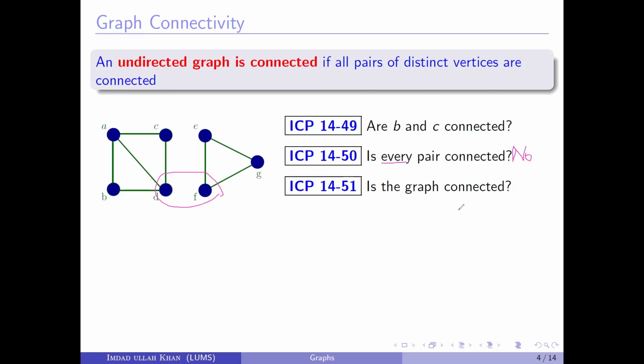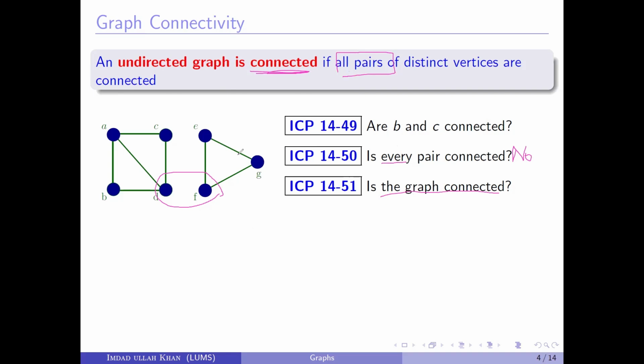Is the graph connected? In order to answer this question, focus on the first definition. An undirected graph is connected if all pairs of distinct vertices are connected.